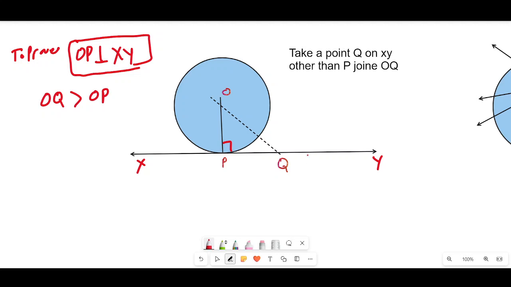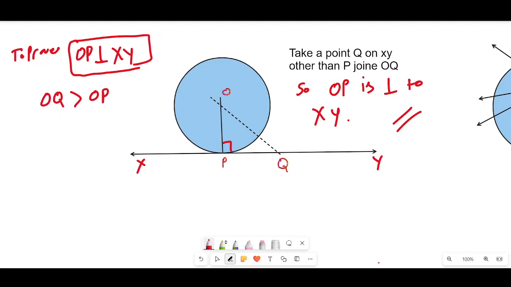So OP is the shortest of all the distances of the point O to the points of XY. This is the shortest distance, this is the longest distance. So OP is perpendicular to XY. That's the proof. Clear?